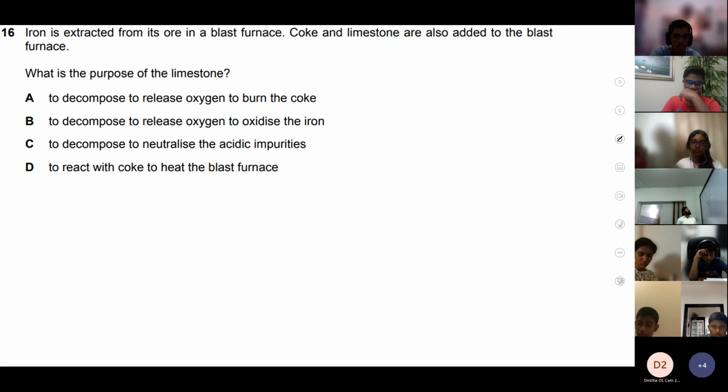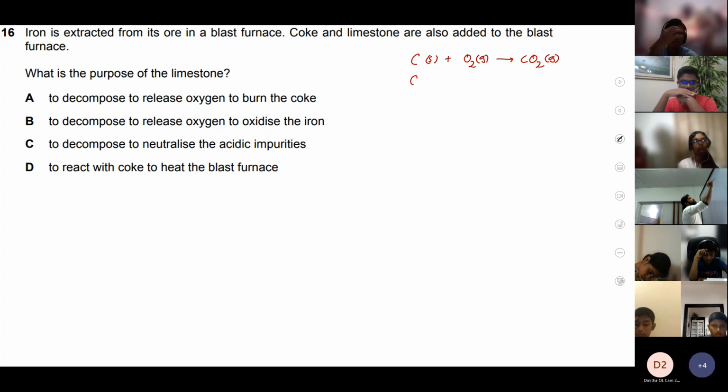Next one. Iron is extracted from its ore in the blast furnace. Alkaline salts are used in the blast furnace. We'll write it down. Carbon and oxygen react to give carbon dioxide in certain areas, and carbon dioxide will react with carbon again. Just for extra knowledge, it's exothermic, because the combustion of carbon is very exothermic. And this is endothermic.